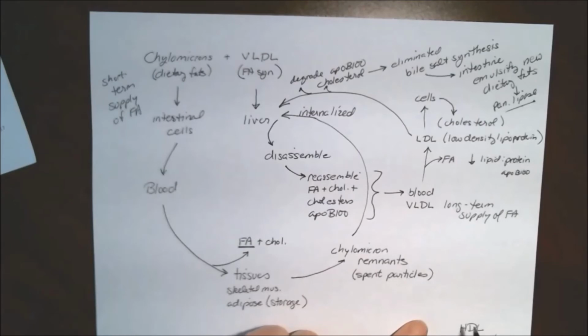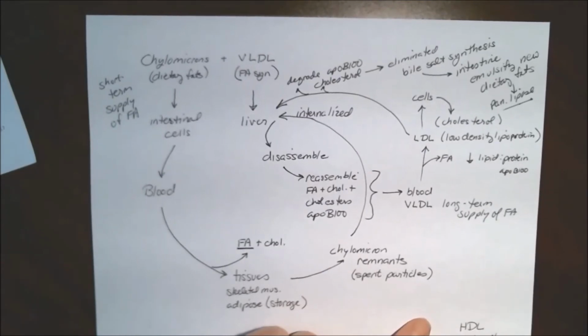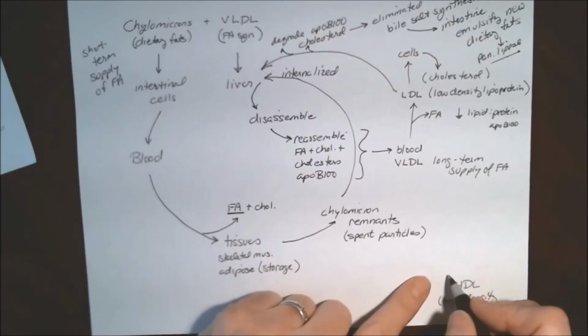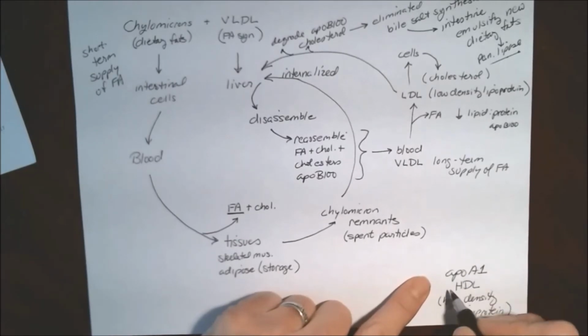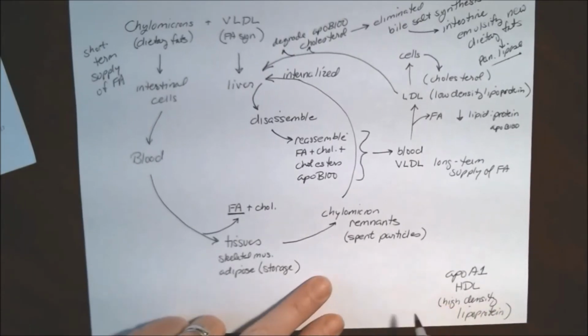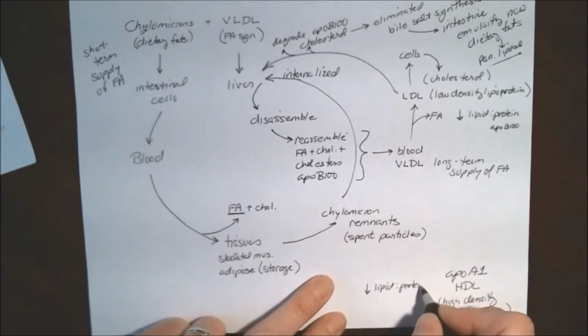It also has a central core protein, like the chylomicrons and VLDL, but it is not considered an ApoB structure. It is called ApoA1. So this is the core protein of HDL. Now the HDL is high density because it has a very, very low lipid to protein ratio.